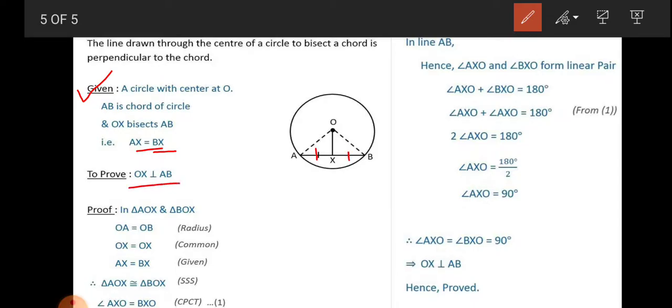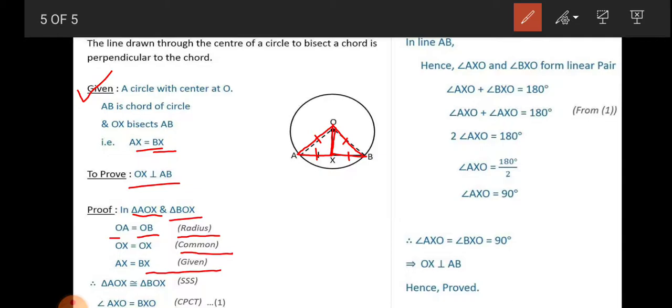We need to prove that OX is perpendicular to AB. To prove this, take triangle AOX and triangle BOX. OA is equal to OB, radius of the circle. OX is equal to OX, common. AX is equal to BX, given.